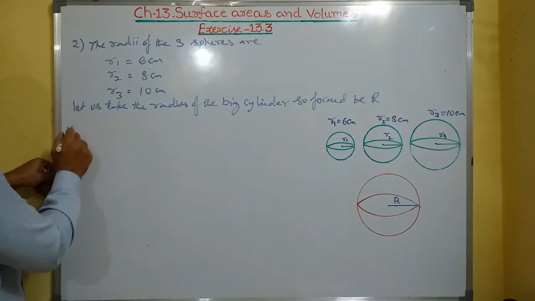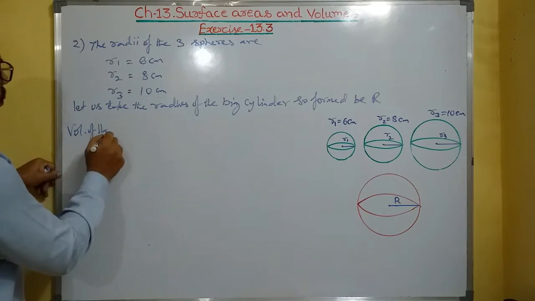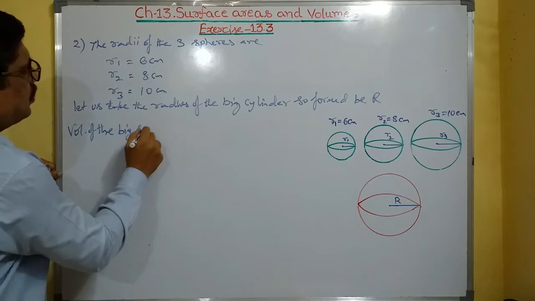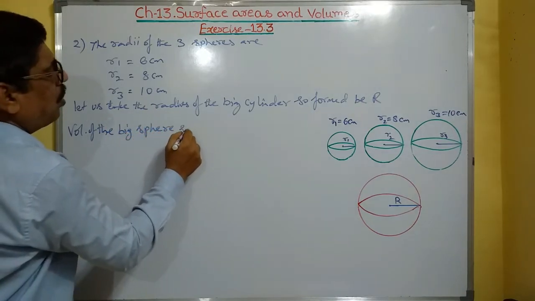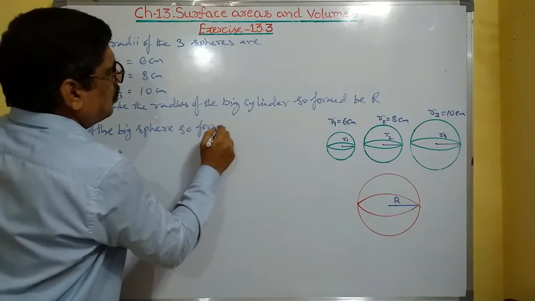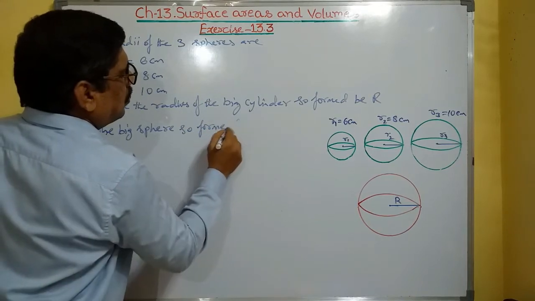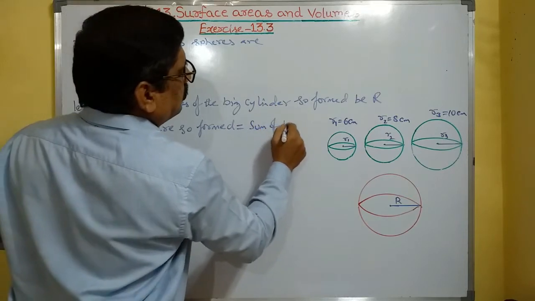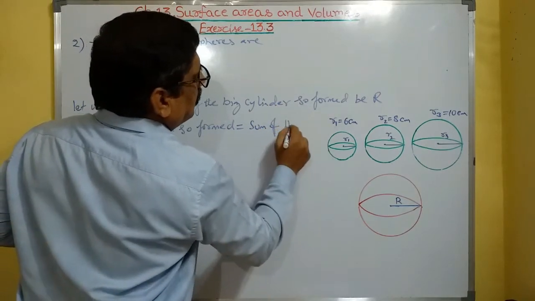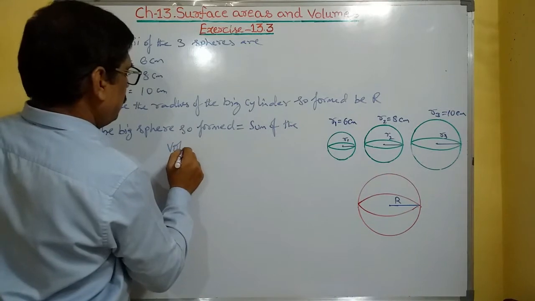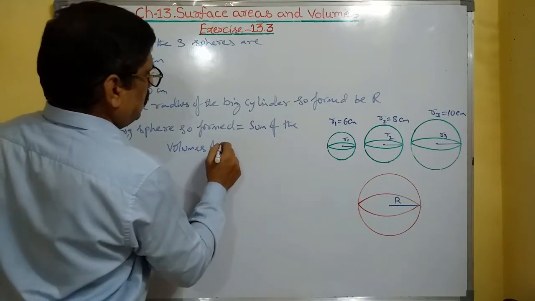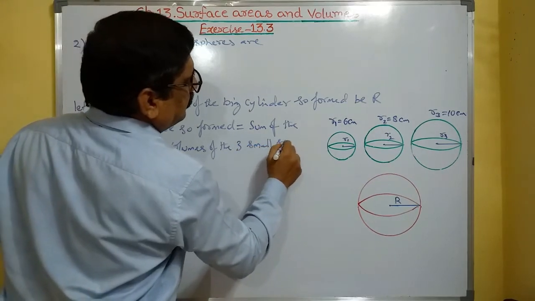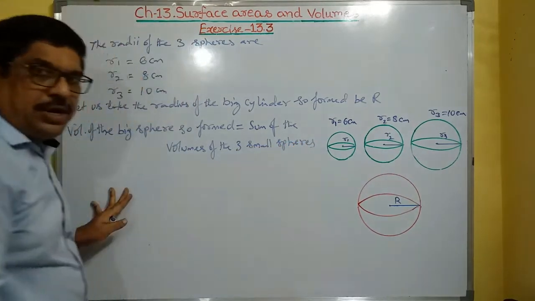Now, the volume of the big sphere so formed is equal to the sum of the volumes of the three small spheres. Okay, did you understand?